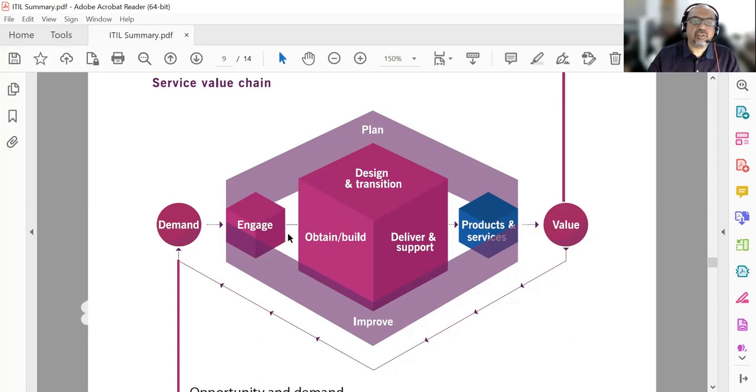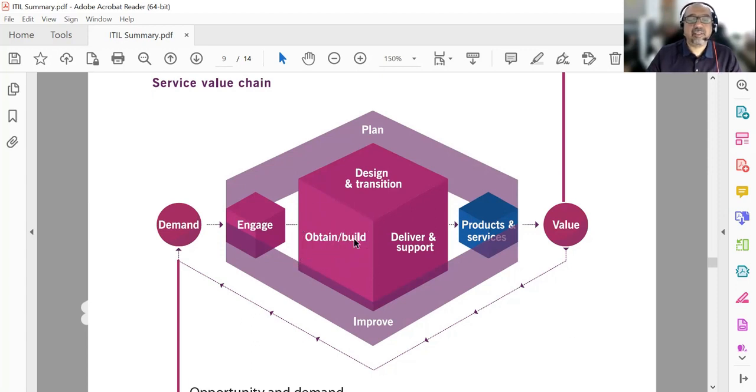So they need to engage with suppliers or partners. So they engage with them. They obtain 3 quotes, they obtain hardware, spare parts, information, licenses, whatever. We obtain software or we build this software.